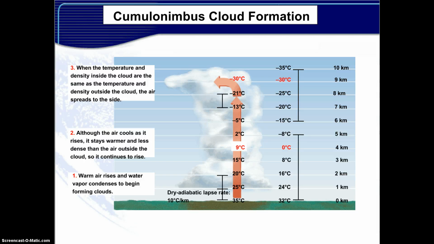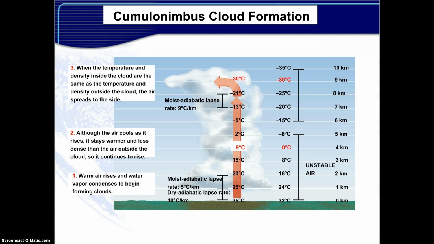So the dry lapse rate is about 10 degrees Celsius per kilometer, and the moist is about 5 degrees Celsius per kilometer near the condensation level of the cloud forming. So the dry is below that condensation level, the moist lapse rate is above it. Now the moist lapse rate actually increases near the top of the cloud, so it goes up to about 9 degrees Celsius per kilometer.